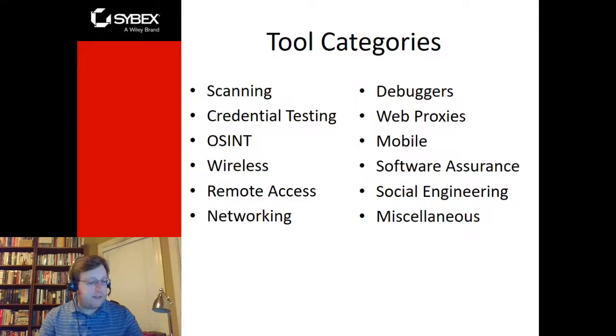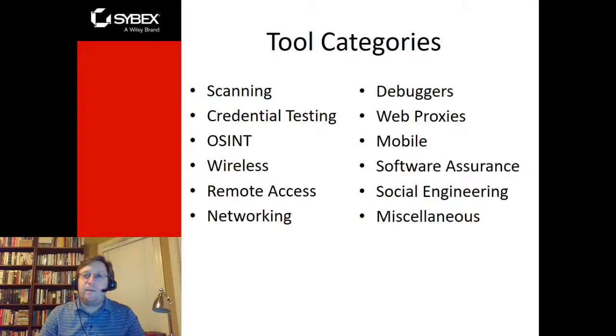Network testing is something that we've done, and if you've used Wireshark, you probably are aware of what that looks like. There are tools for wired or wireless network testing that we'll talk about a little later in the course. Remote access is basically any sort of software that allows you to control a computer from somewhere else.